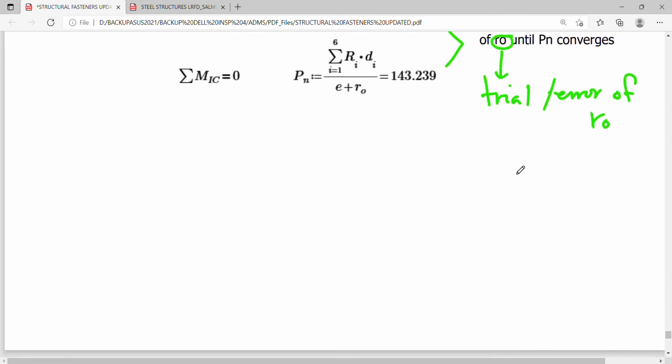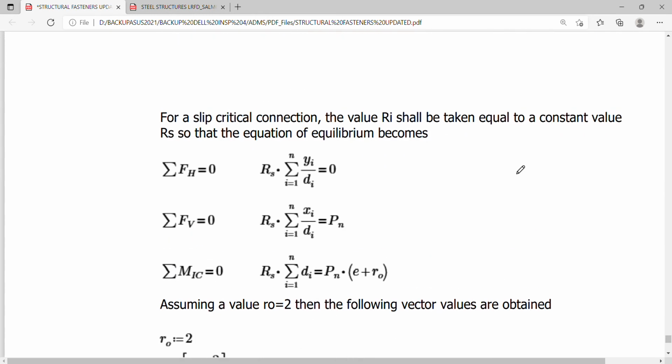So for the slip critical connection, the value Ri shall be taken to a constant value Rs, so that the equation of equilibrium becomes this.